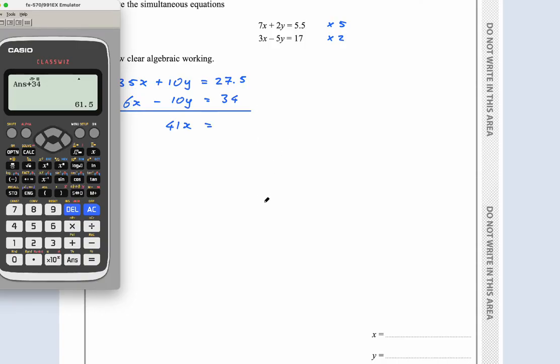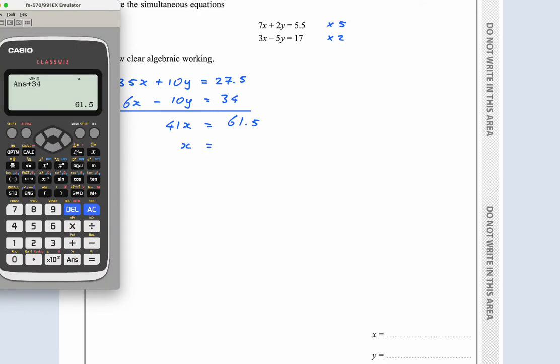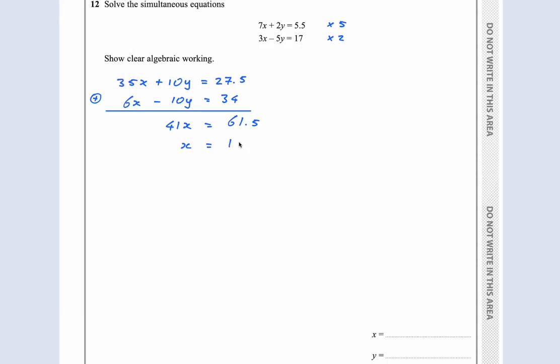So this is 61.5. And then x is going to be 61.5 divided by 41, which is 3/2, or 1.5. Okay, so that's my x.